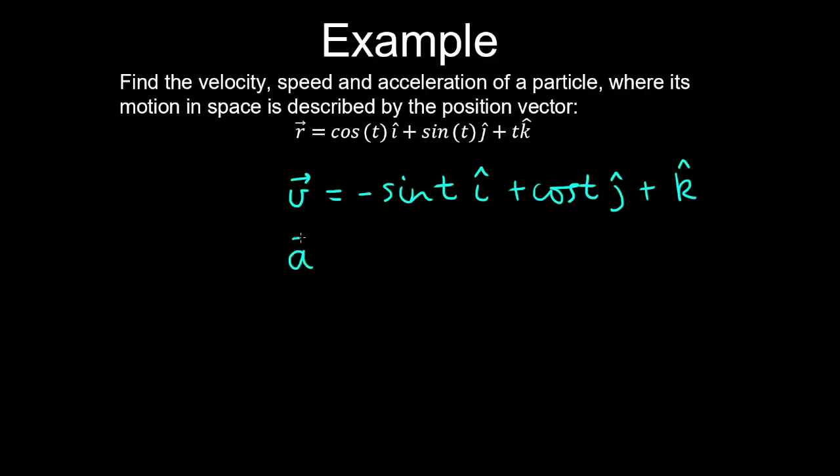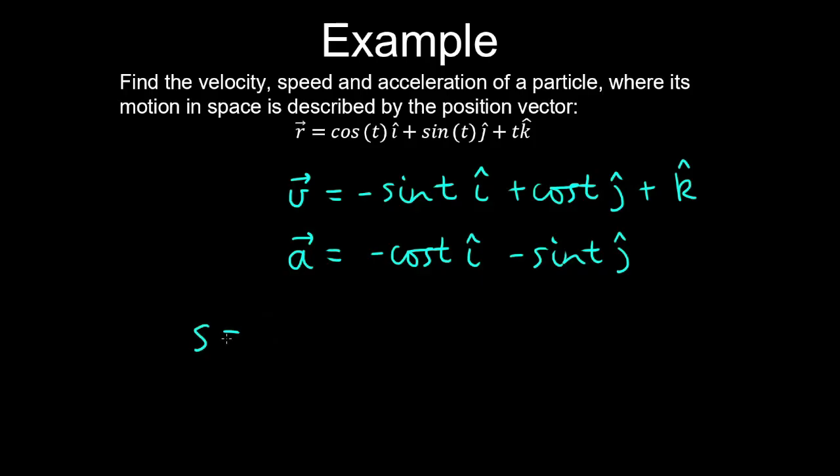And the acceleration can be obtained by differentiating the velocity. So we get minus cosine t in the i direction minus sine t in the j direction plus 0 in the k direction.